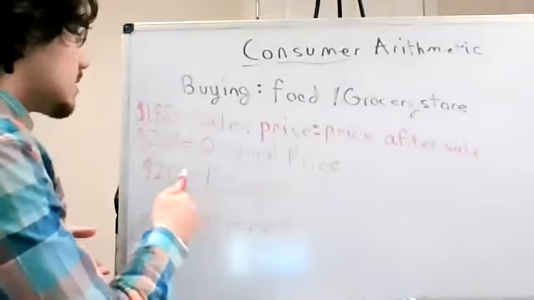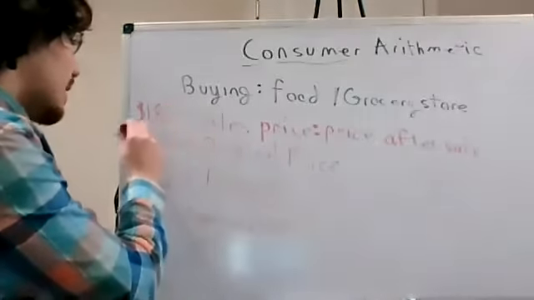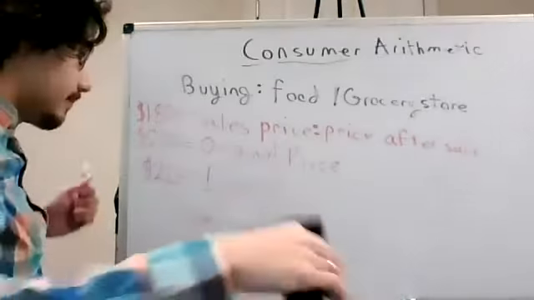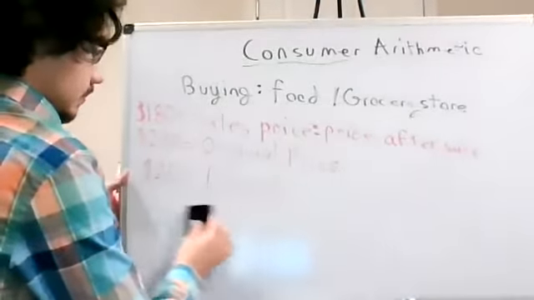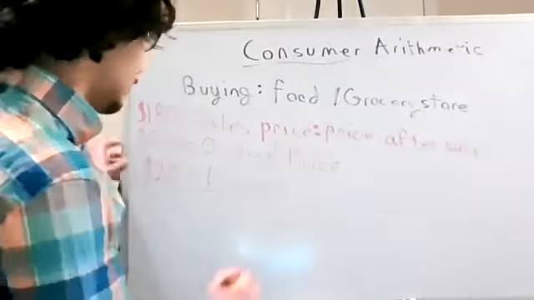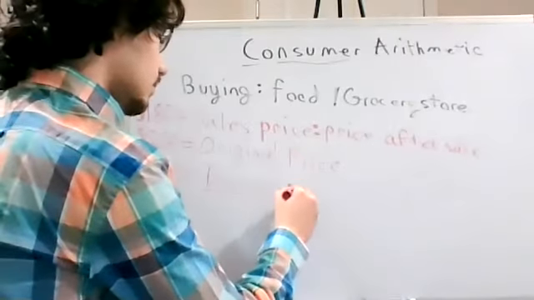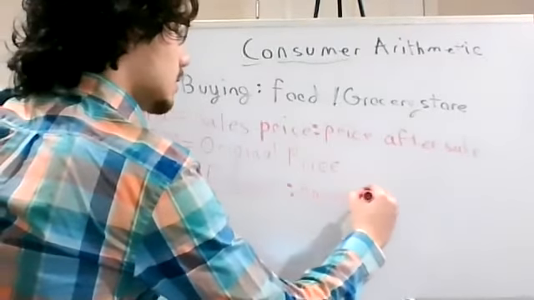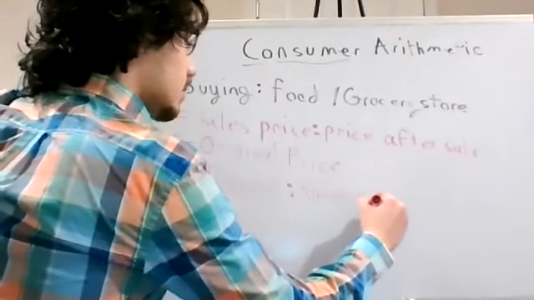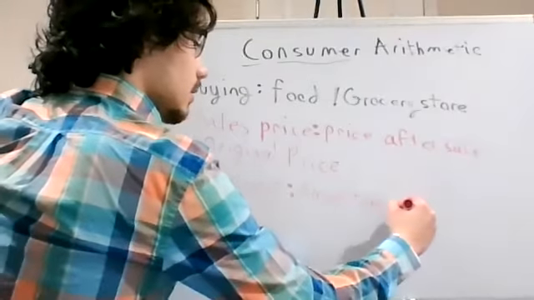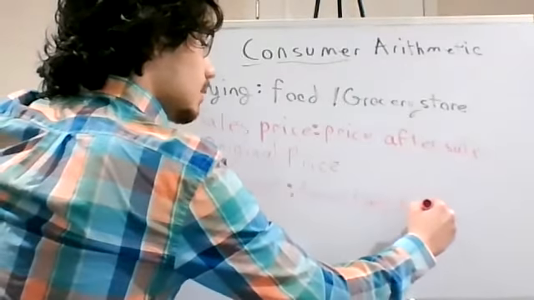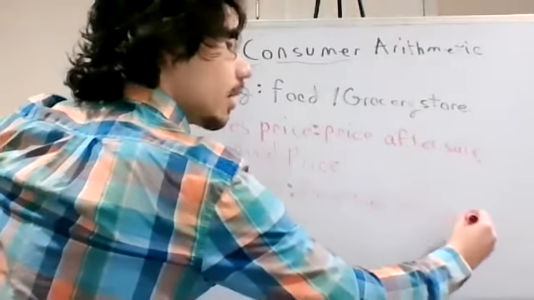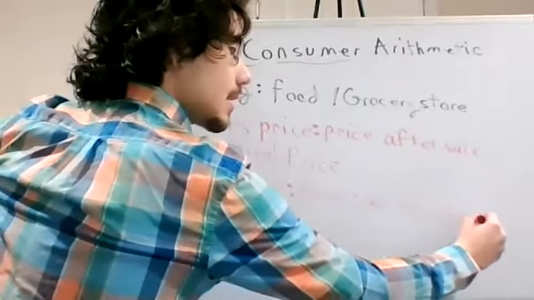So the discount in this circumstance was what we took away from 200. So we negatively count from 200. So discount would be amount taken from original price. We'll say OG price.